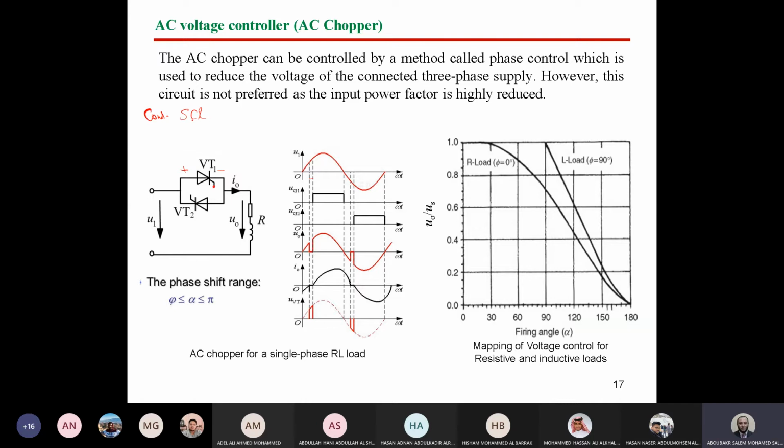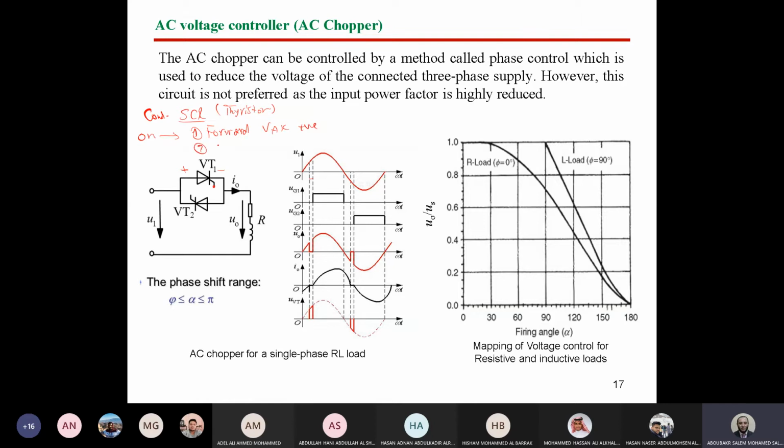The symbol of the thyristor is SCR, silicon controlled rectifier, also called thyristor. To turn on the thyristor, you need two things. Number one, to be forward biased. Forward means V anode to cathode is positive.